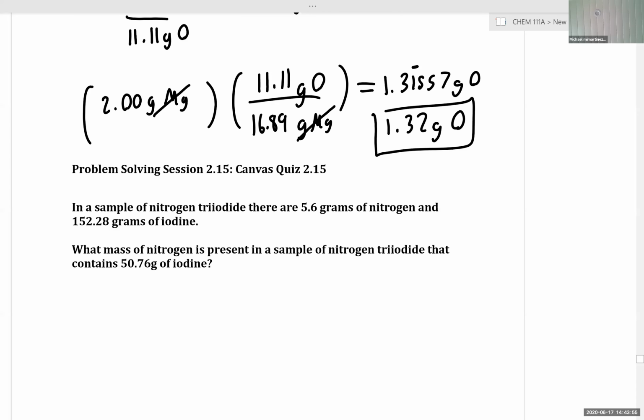So let's spend about another 2 to 3 minutes working through this problem, and then we'll come together as a group to discuss.